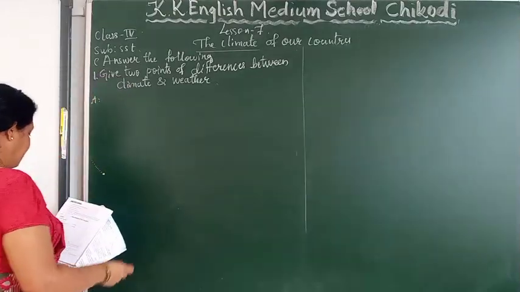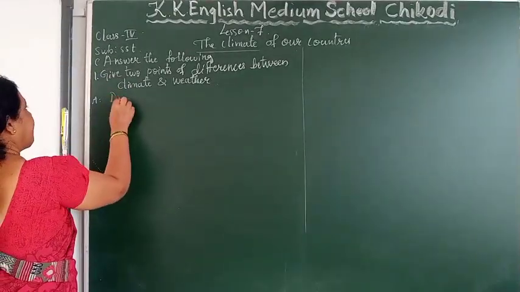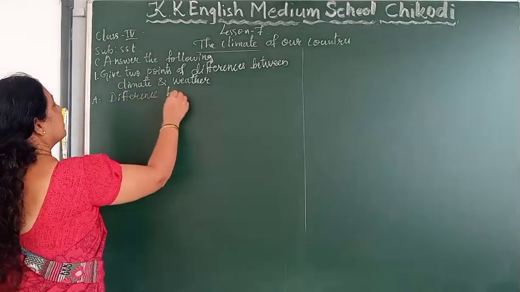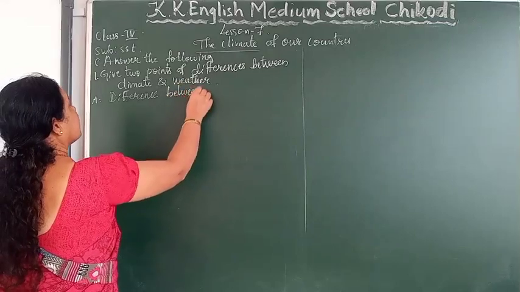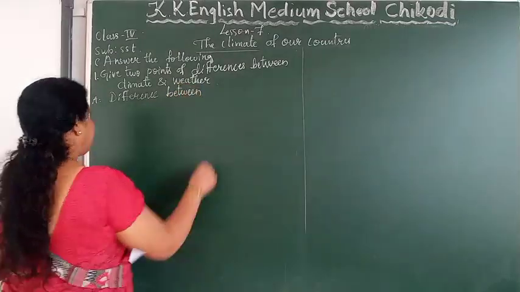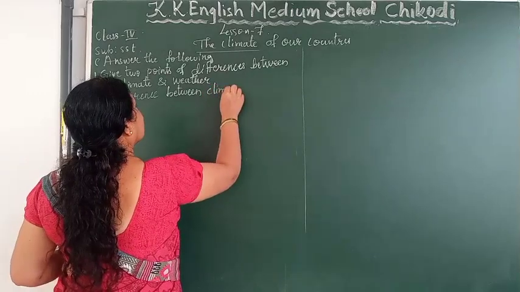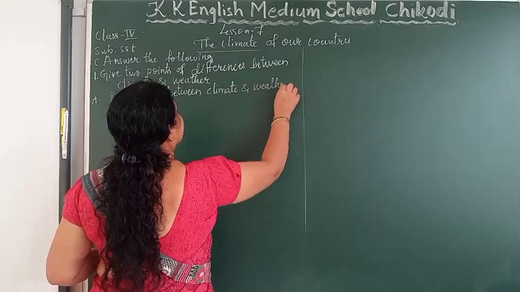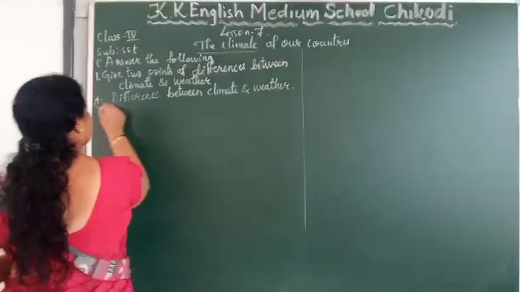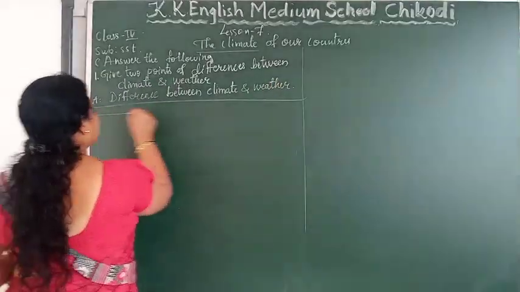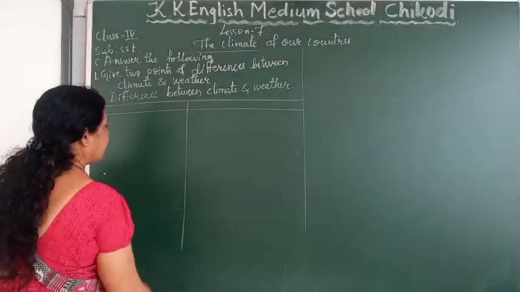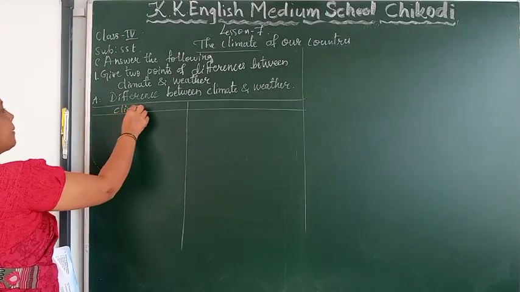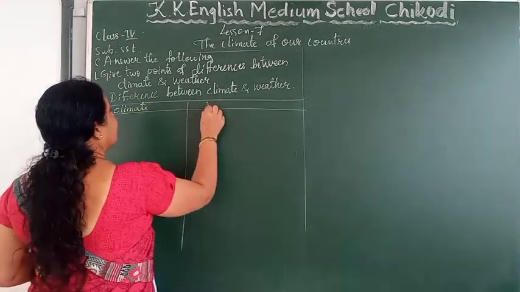Here, the differences between climate and weather are, I will write a box. So first one climate, second is weather.